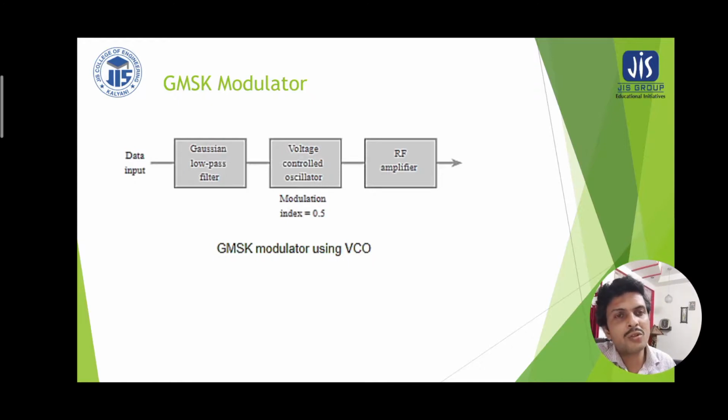In the voltage control oscillator, the equivalent carrier frequency is generated depending on the variation of the phase in the incoming message. The binary data fed to the voltage control oscillator does not have an abrupt variation of magnitude. That means it is not a sharp 0 to 1 or 1 to 0 transition.